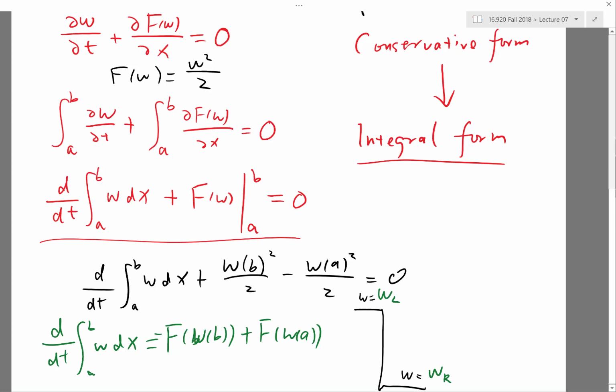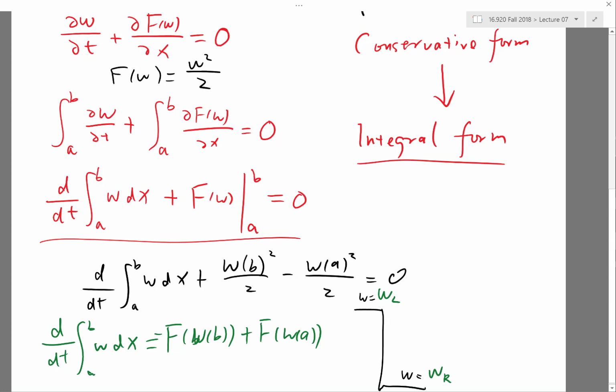It's flow, yes. So if nothing goes in and out of the domain, the derivative of mass should be 0. The derivative of mass would only be non-zero if something is moving in or out. If something is moving in, it'll cause the mass to increase. If something is moving out, it should cause the mass to decrease.